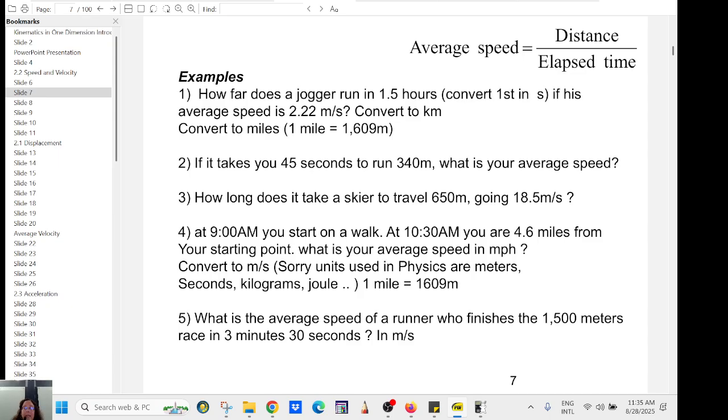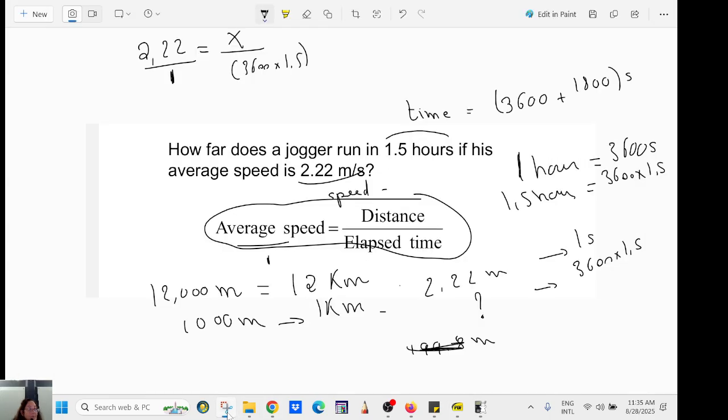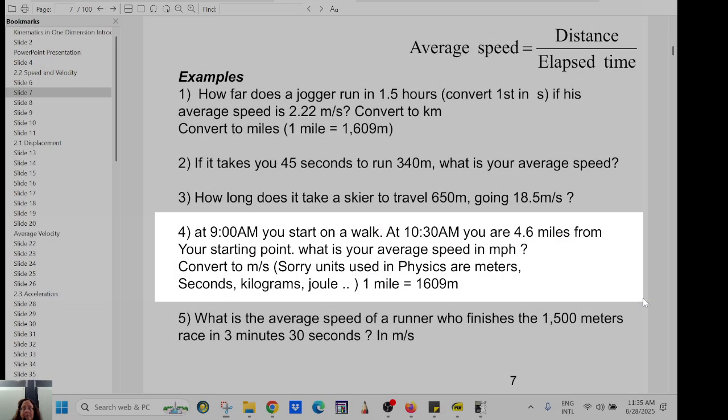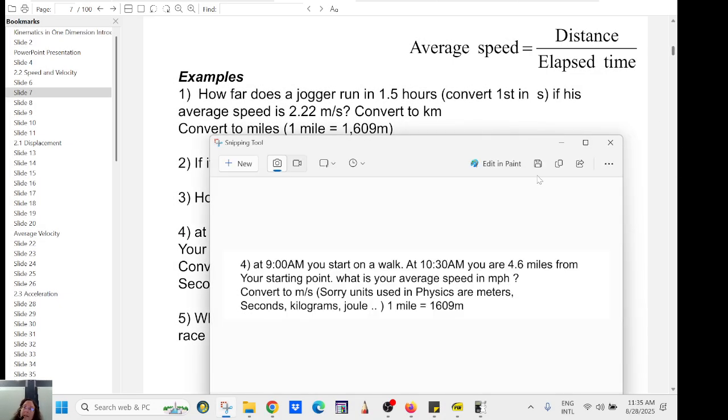This is miles per hour. You can help each other.